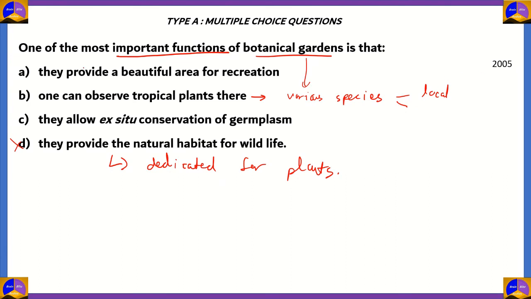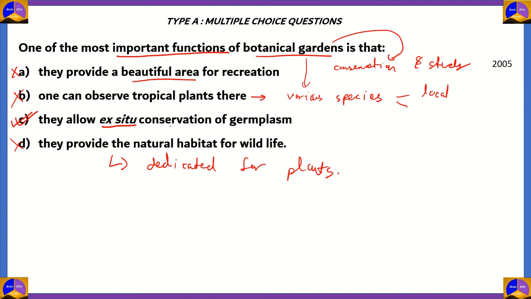So that means option B is not the most appropriate option. They provide a beautiful area for recreation is not appropriate because botanical gardens are mainly used for conservation as well as study. So therefore option A is again not the appropriate one. The appropriate option is option C.